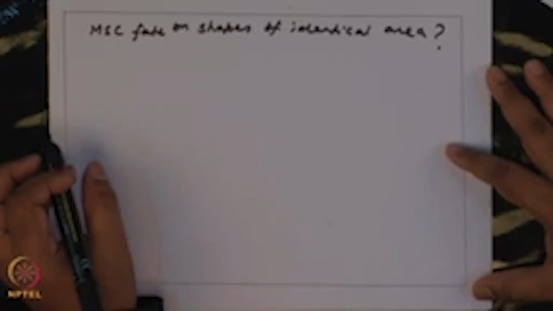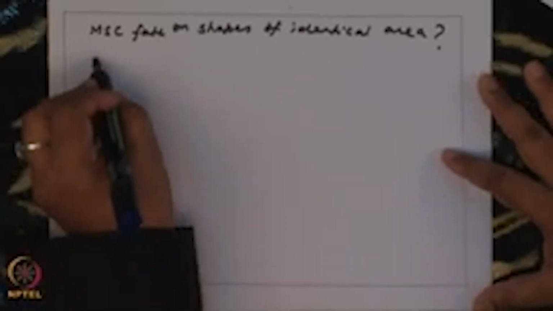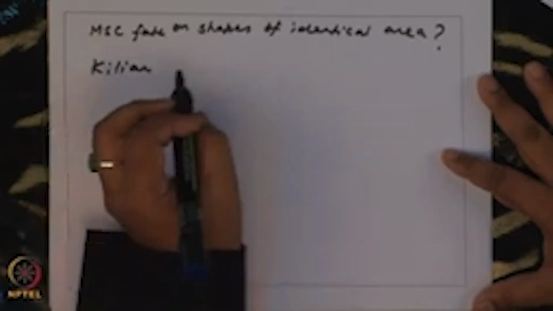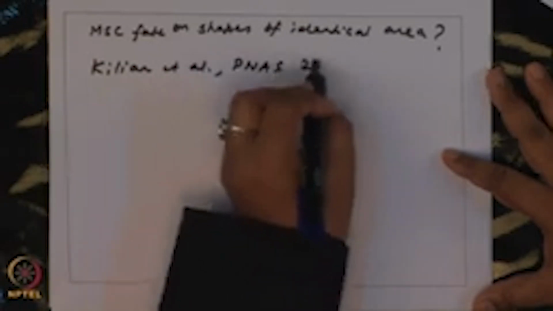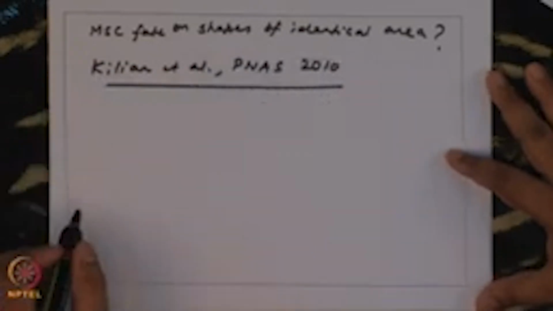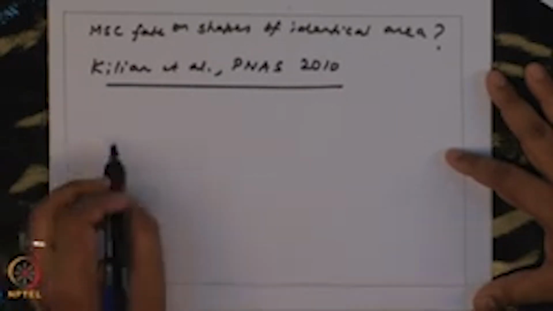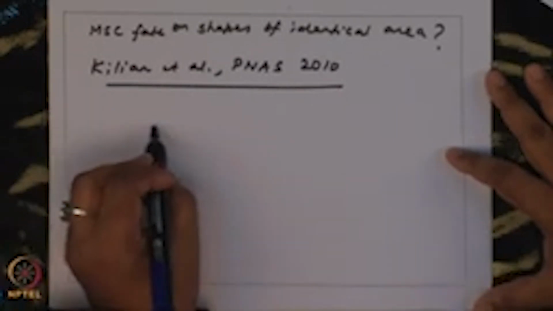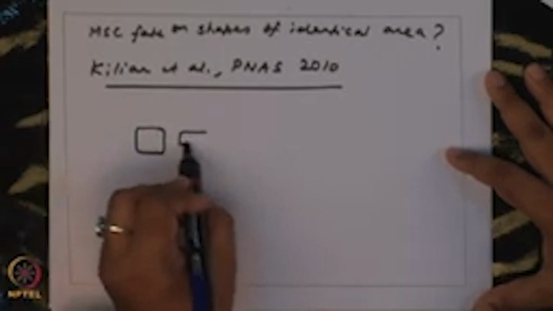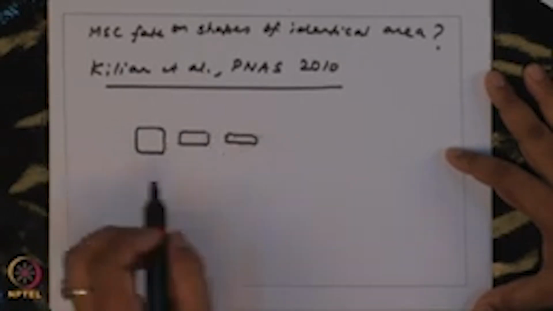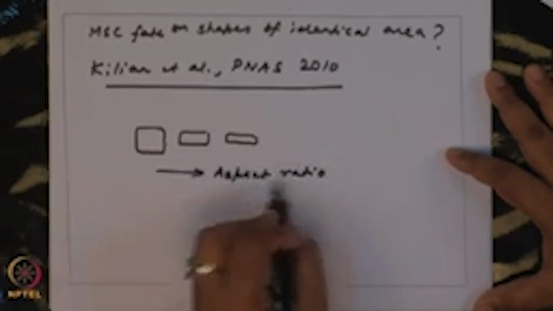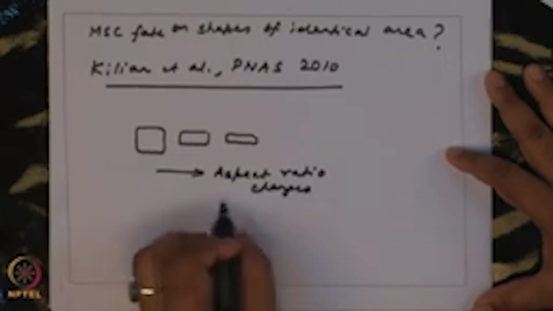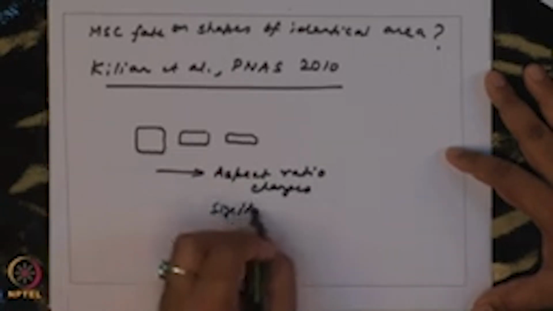To answer this question, a different group did another study, again a Pinus paper. The authors took rectangular patterns and kept changing the aspect ratio, so the aspect ratio is changing but the size or area is unchanged.